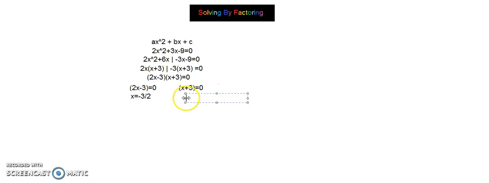In this equation, all we're going to have to do is subtract 3 from both sides of the equation. So in this equation, x is going to equal negative 3. So those are our two answers, and now we have solved by factoring.